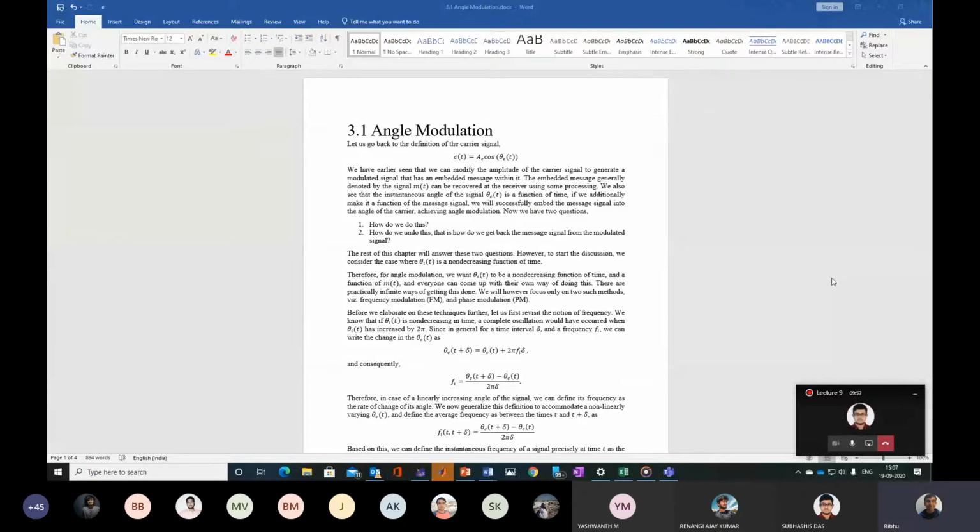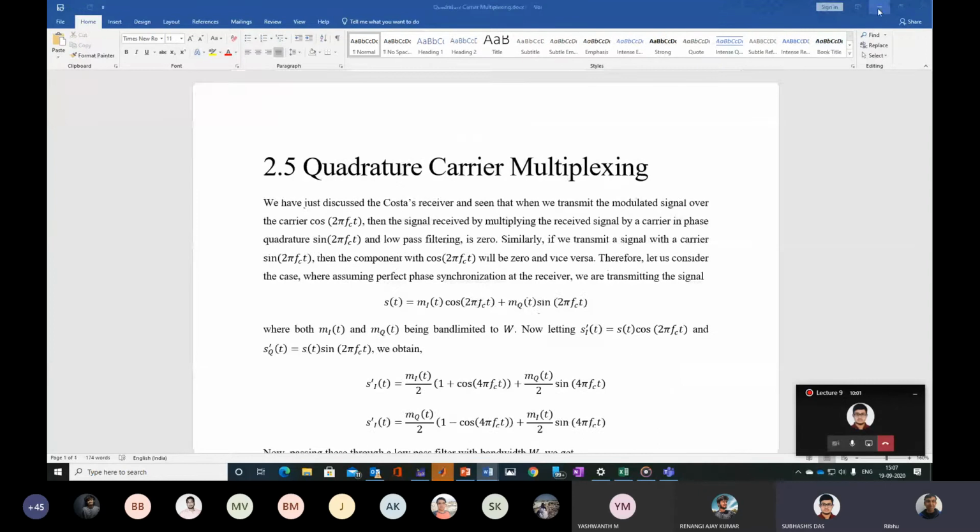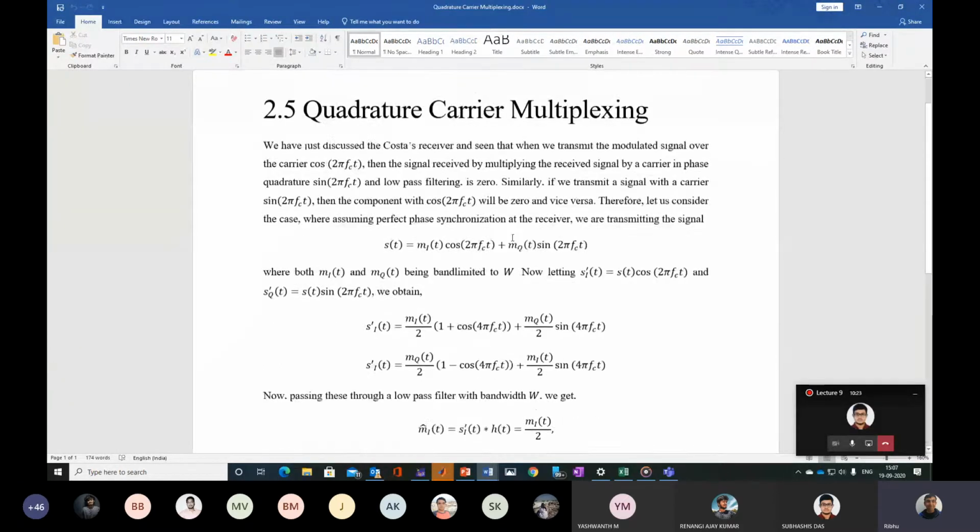So you can see the screen now, right? Yes, sir. So we consider this special case, quadrature carrier multiplexing. Meanwhile, I'll restart the laptop. Let us now have the signal.